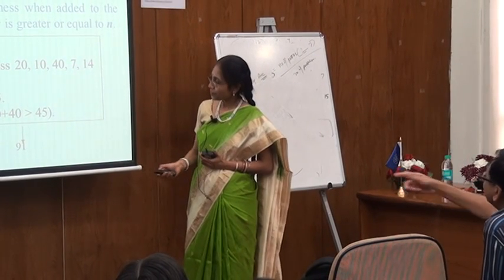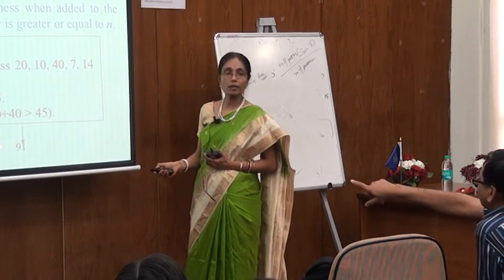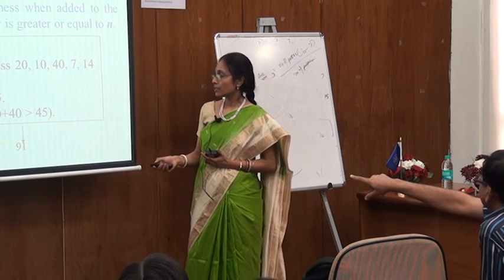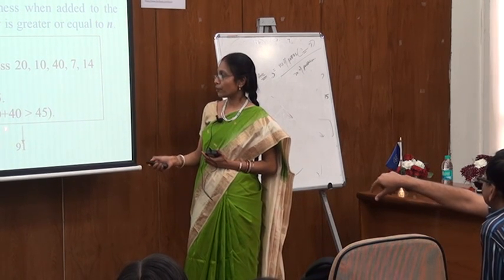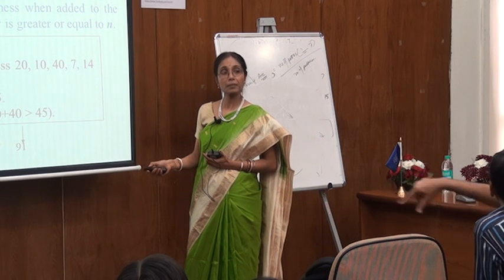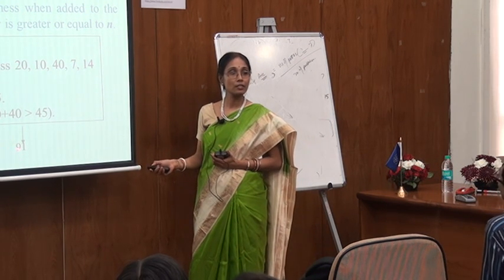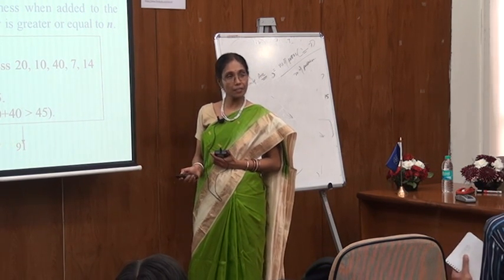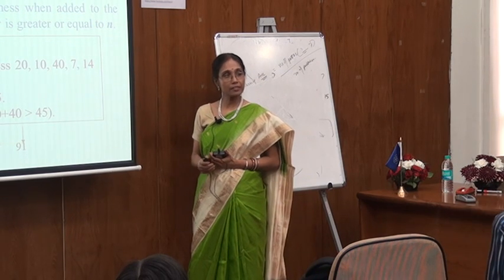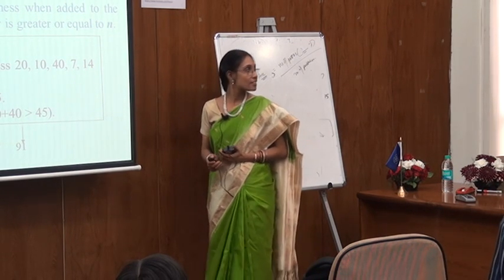So 70 plus 41 is 111. That interval will be larger than this one. You have a larger gene.